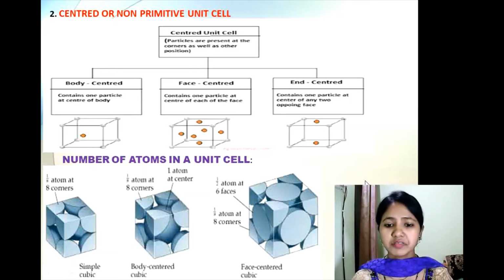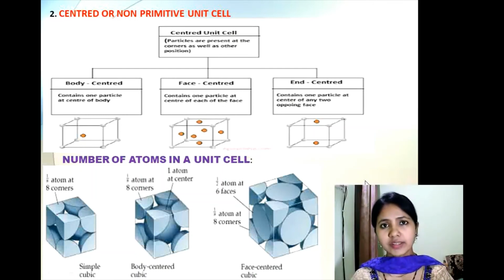The next one is the face center. As I have told you before, in face center, atoms are present at the corners of the cube, that is 8 corners, plus 6 faces of the cube. Total 6 faces are there in a cube, and each face contains one atom. Now if one atom is present in each face, it must be shared by the other unit cell also.